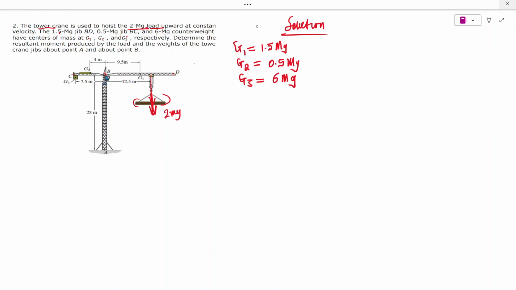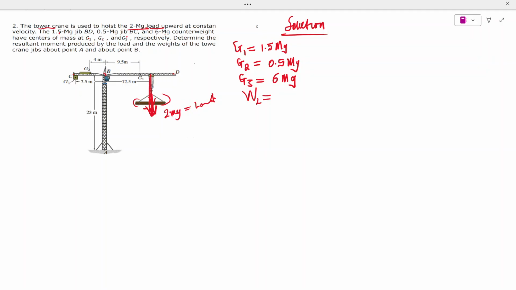We also have the weight of the load, and this is the load.